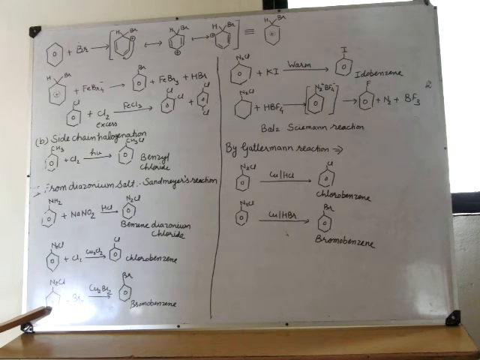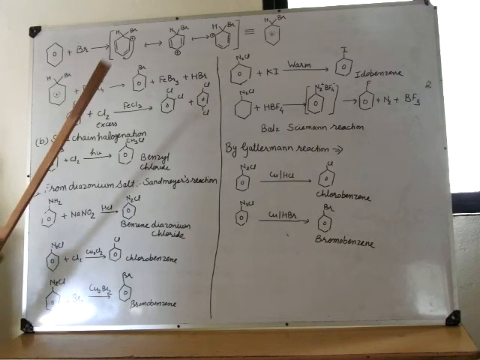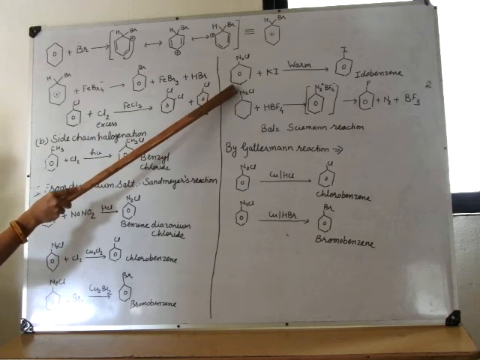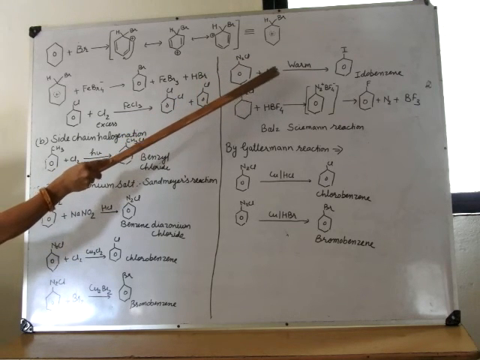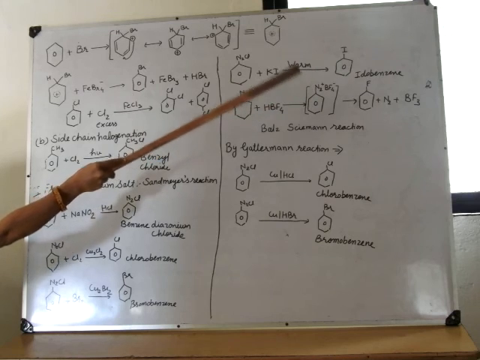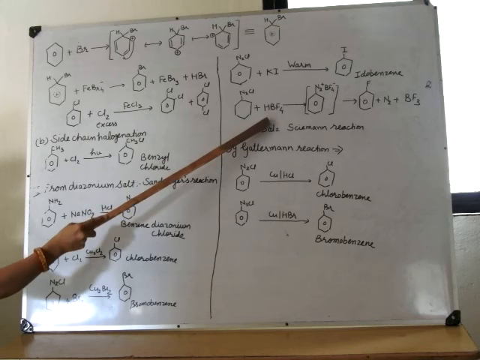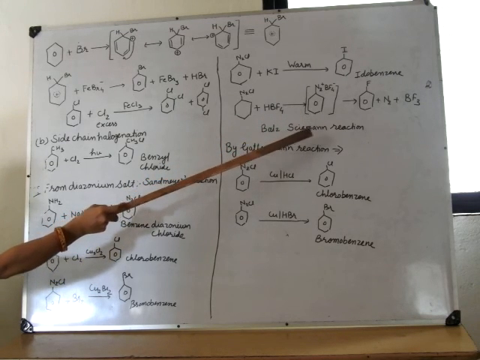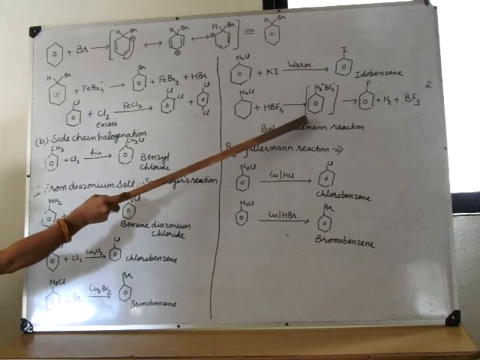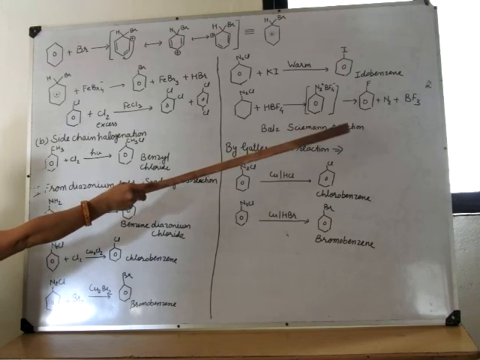With bromine in the presence of Cu2Br2, it gives bromobenzene. With potassium iodide and warming, it gives iodobenzene. When benzene diazonium chloride reacts with HBF4, it gives an unstable compound, and finally it gives fluorobenzene, nitrogen plus BF3.